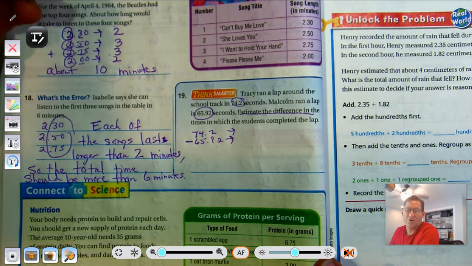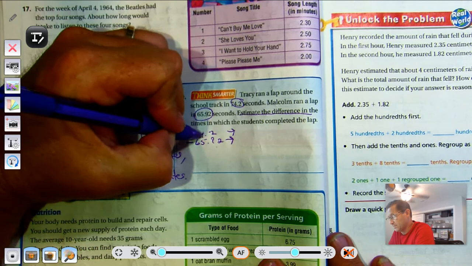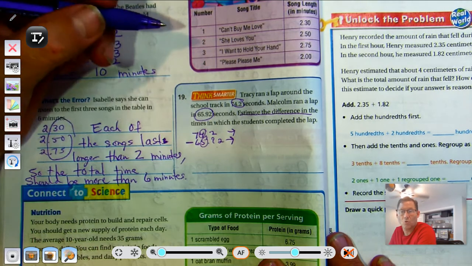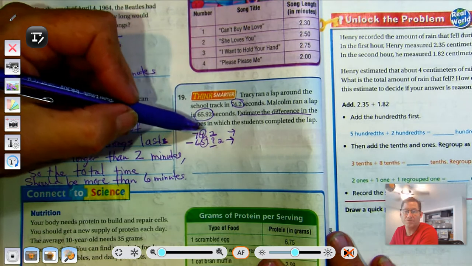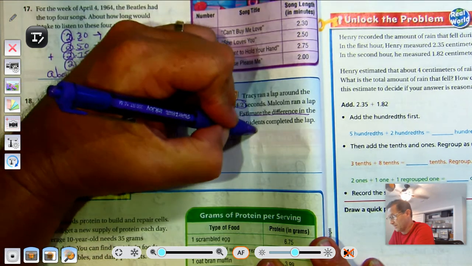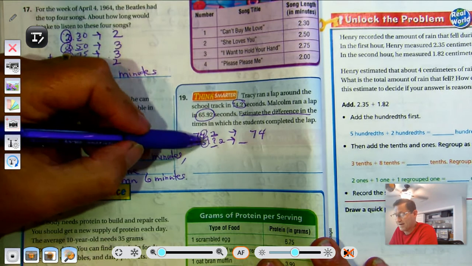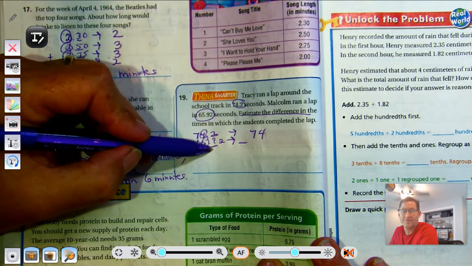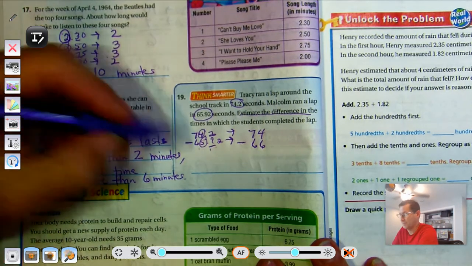So if we wanted to just know about how fast they finished, we can round to the nearest whole second. 74.2, the 2 is less than 5, so round down to 74. And 65 and 92 hundredths, the 9 is greater than 5, so round up to 66.